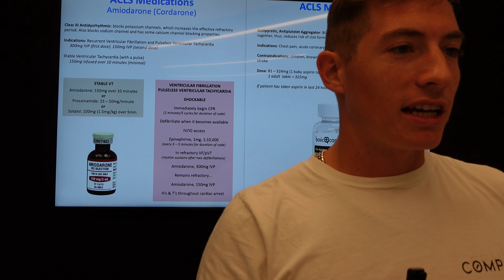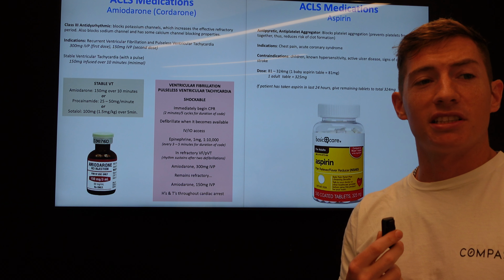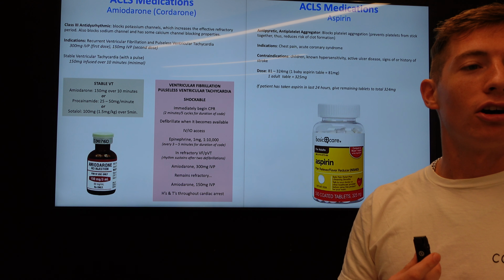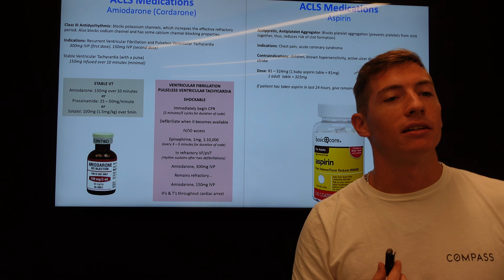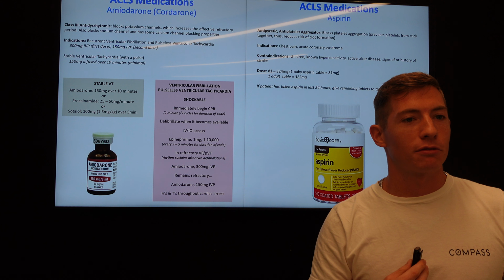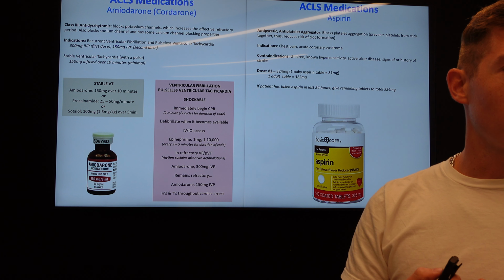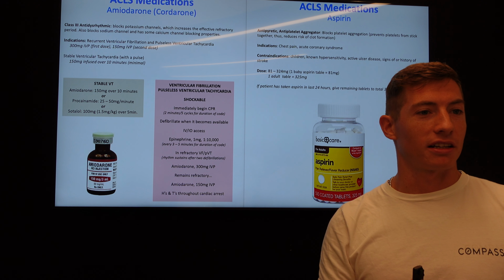Other ACLS medications, so we have a class 3 antidysrhythmic. This is going to block our potassium channel in the effective refractory period. It also blocks sodium channels and has some calcium channel blocking properties. So indication is recurrent ventricular fibrillation and pulseless ventricular tachycardia. 300 milligrams IV push the first dose, 150 milligrams IV push the second dose.